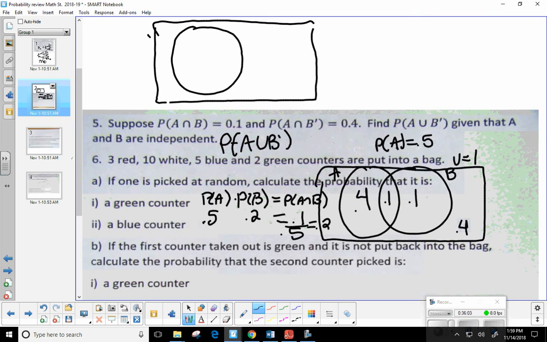That's A union whatever is not part of B, which would include the 0.4, right? So that'd be 0.8 union 0.4. Would it be 0.5? Not 0.5.